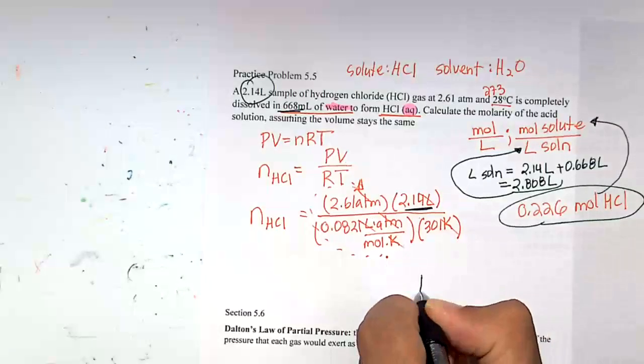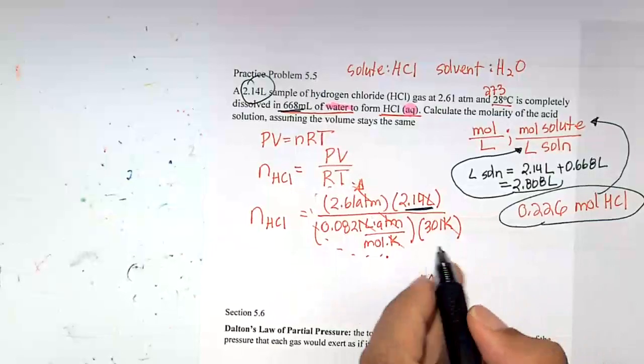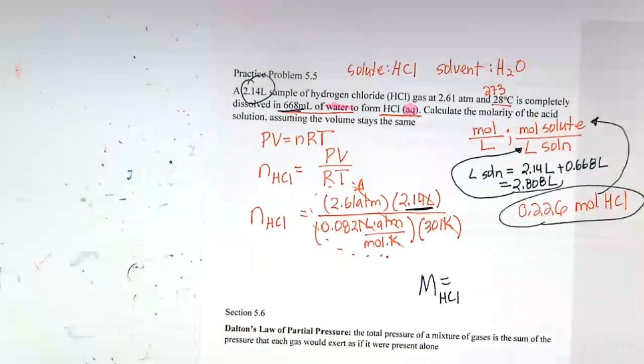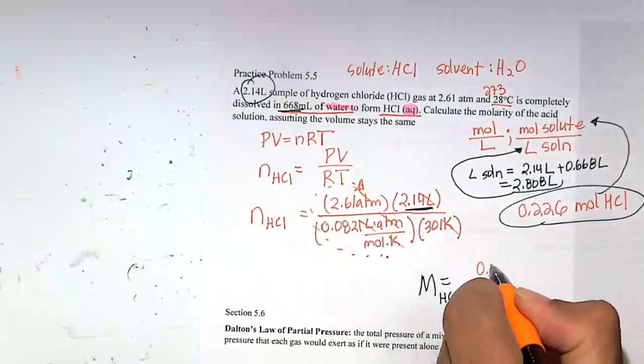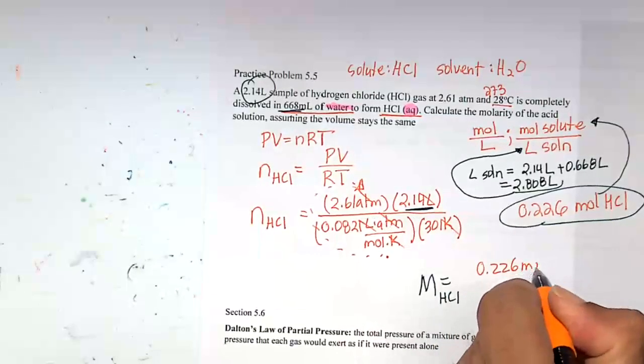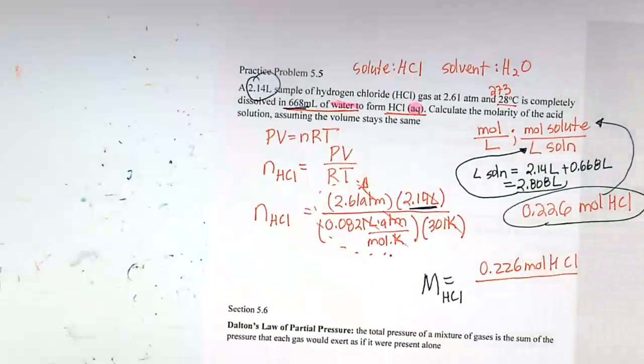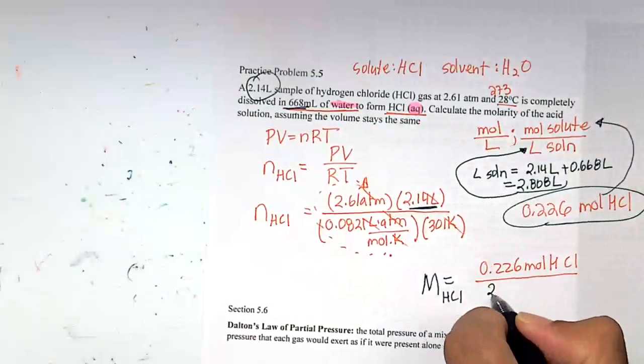Okay, so molarity, big M, is the concentration of HCl in the solution. It's going to be 0.226 moles of HCl divided by 2.808 liters.